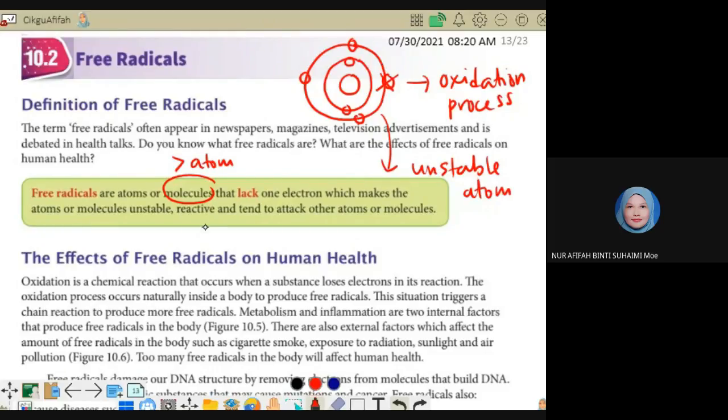So now you know the meaning of free radicals. Free radicals are atoms or molecules that lack one electron. One electron makes it unstable, reactive, and tend to attack other atoms or molecules to release another free radical. Okay. What are the effects of free radicals on human health?